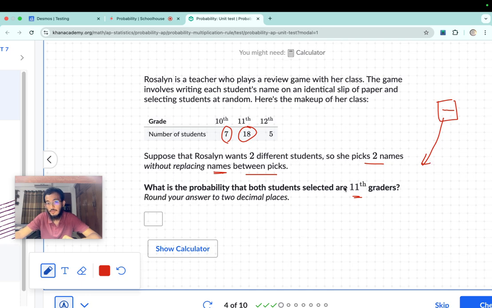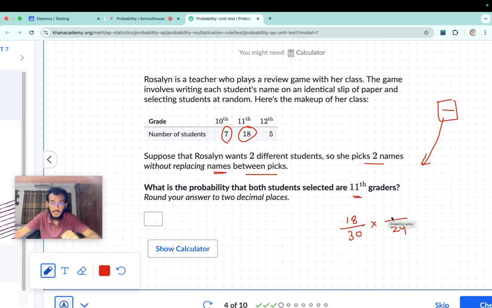So which means for the first time, the probability that you select an 11th grader is 18 upon 30. But because you are doing without replacement, the total number decreases by 1 to 29, and we're trying to find the probability that both students are 11th graders.